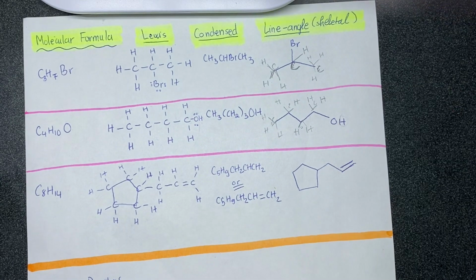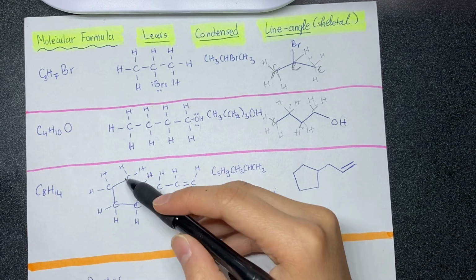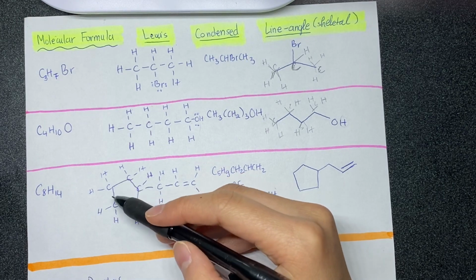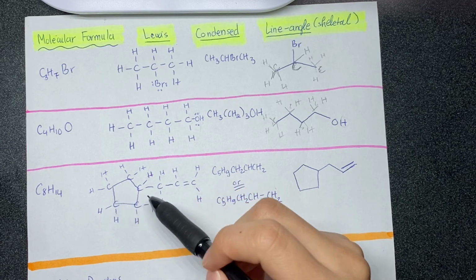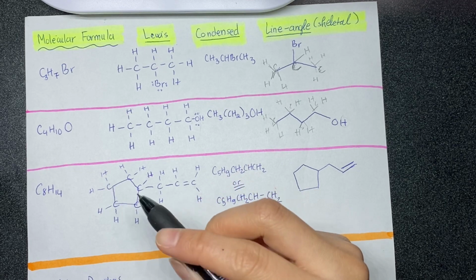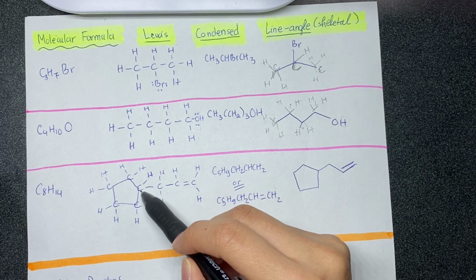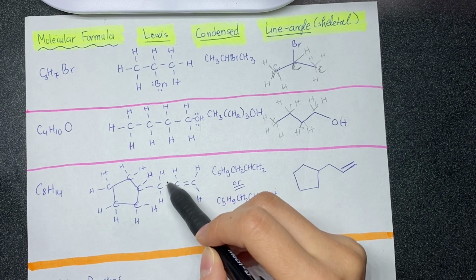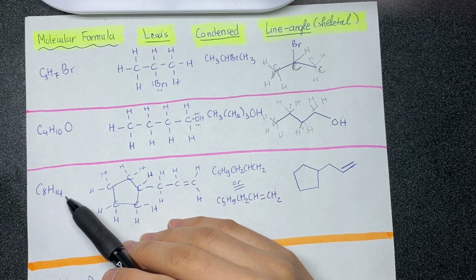And then one last one, you have C8H14. So in this case, you're gonna have a ring for your Lewis structure, where you would check to see if you have the correct amount of carbons again. So it's gonna be 1, 2, 3, 4, 5, 6, 7, 8, so C8, and then H14.